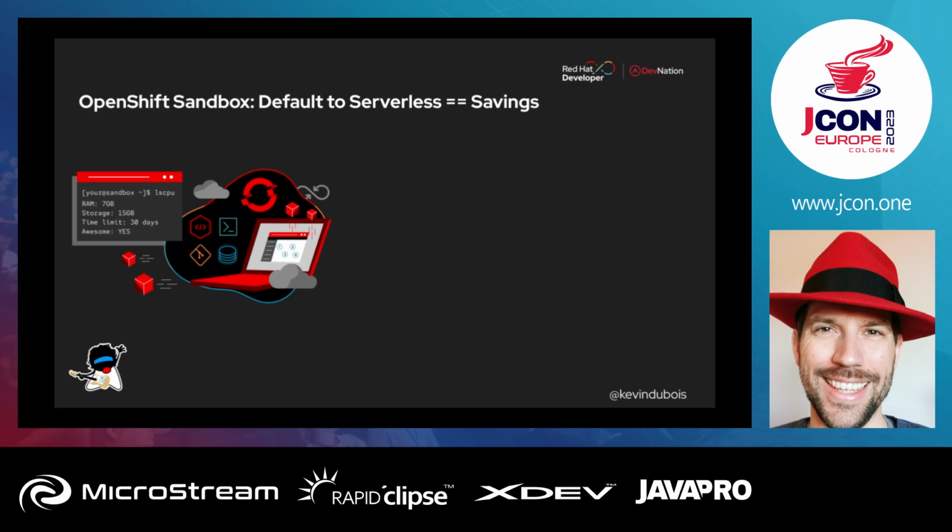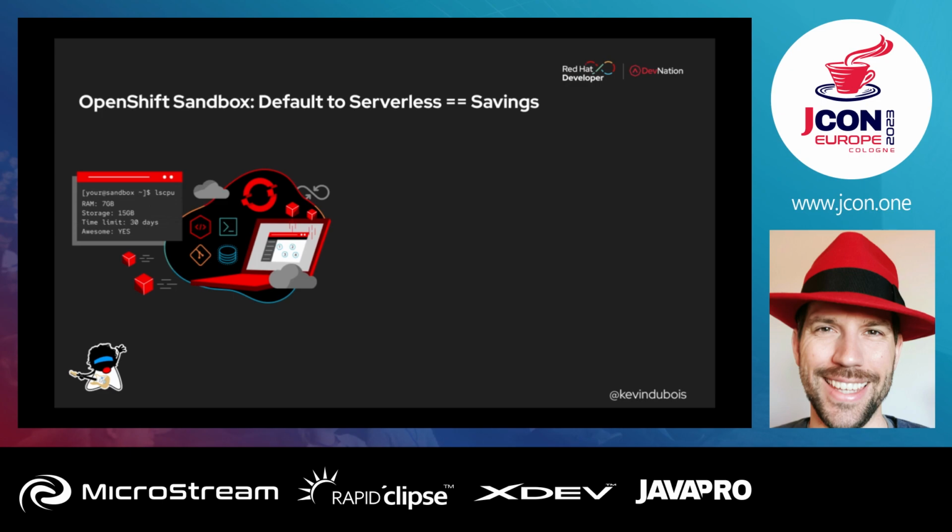So a use case from my company, I work for Red Hat, right? We have this OpenShift sandbox, a free OpenShift instance that, if you go to developers.redhat.com, you can get for free, an environment to test out, to play around with, deploy your application and whatever more. We've had this OpenShift sandbox for a while now.